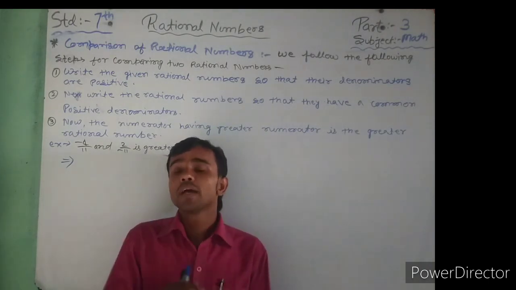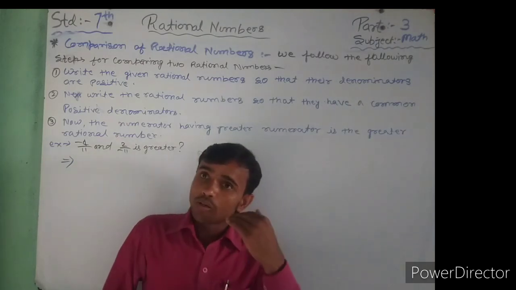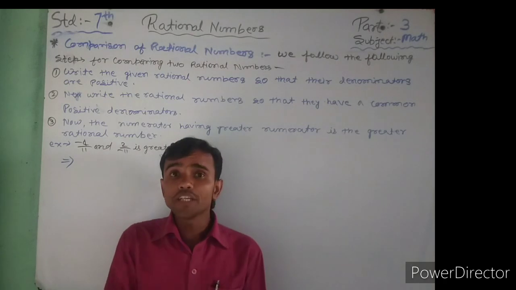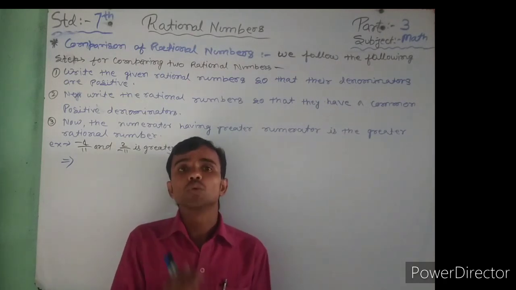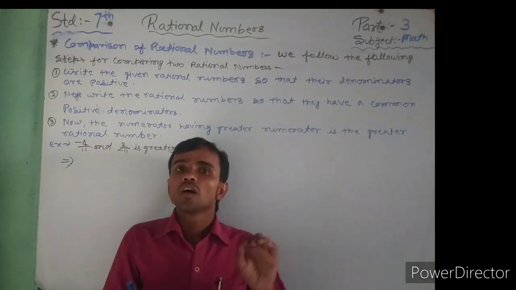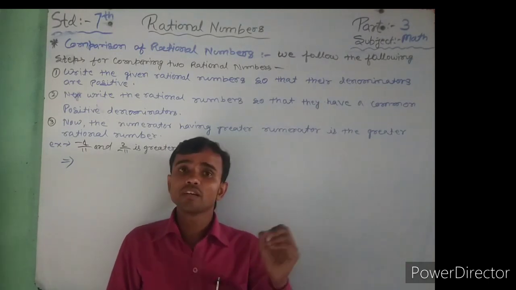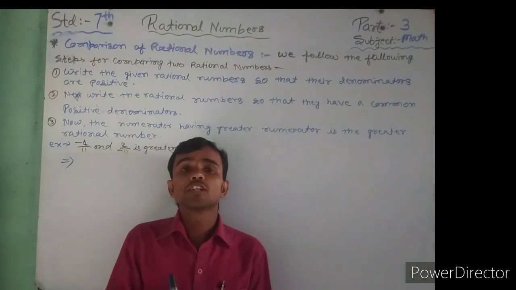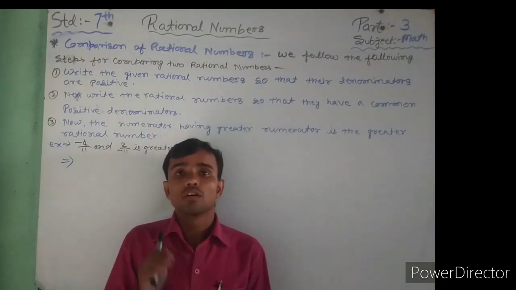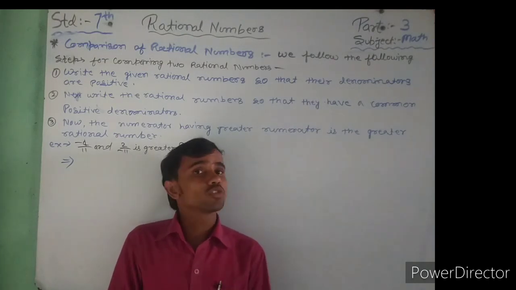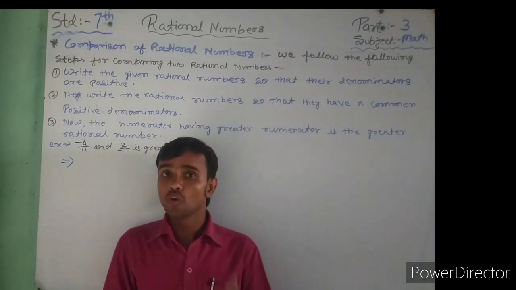If the denominators are the same, next you see the numerators. The numerator which is greater gives the greater rational number, and the numerator which is less gives the smaller rational number. Okay, let's see one example on the board.